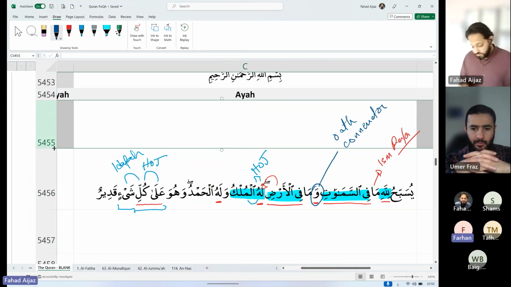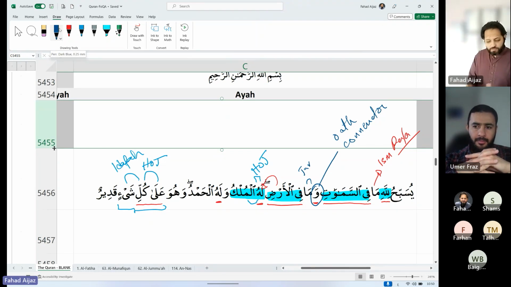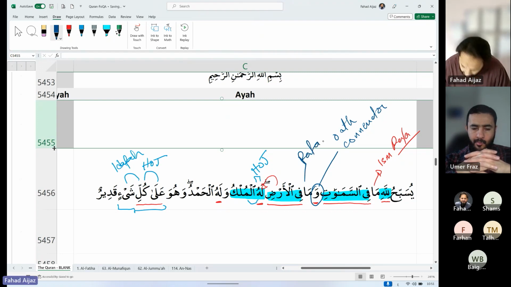With ma, if it is an oath waw, the next ism must be jar. You cannot spot it right now, but I am telling you the next ism is not jar. This ma is rafa. This one is also rafa. Because this is rafa, this waw cannot be an oath waw. We'll see some more examples here.